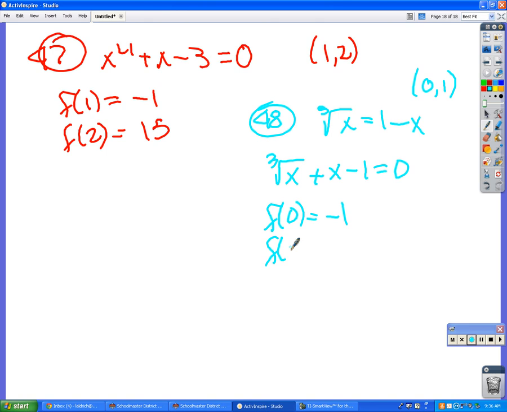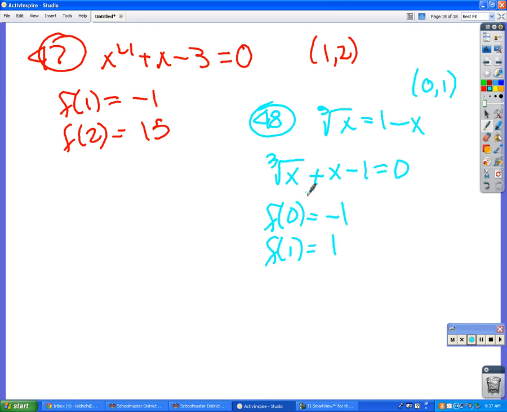If you plug 1 in there, what do you get? 1, and 1 plus 1 minus 1 is 1. So again, same thing. This is negative, this is positive, so somewhere in between 0 and 1, it must be 0. Assuming this is a continuous function, and we know this is a continuous function because it's made up of a root function and polynomial.